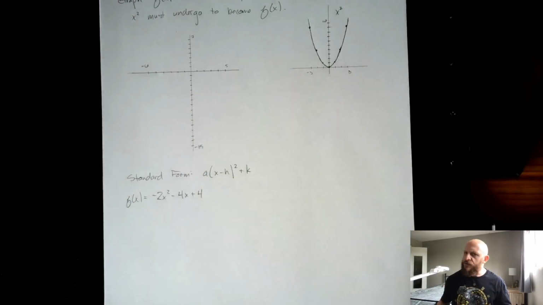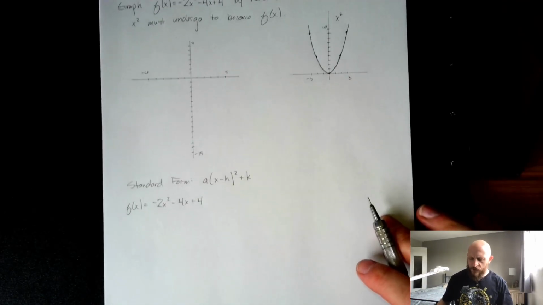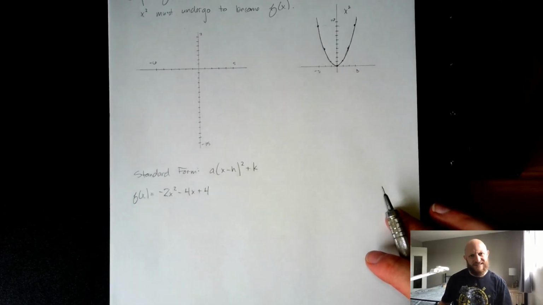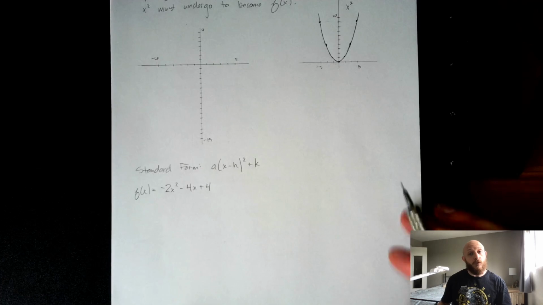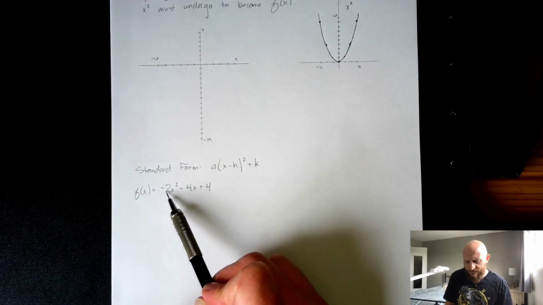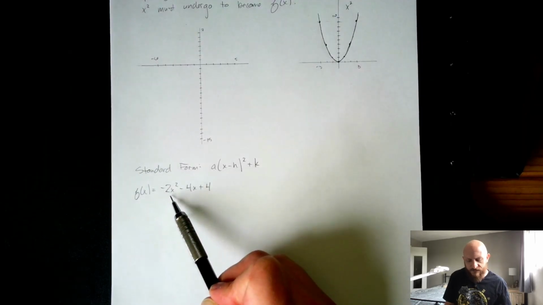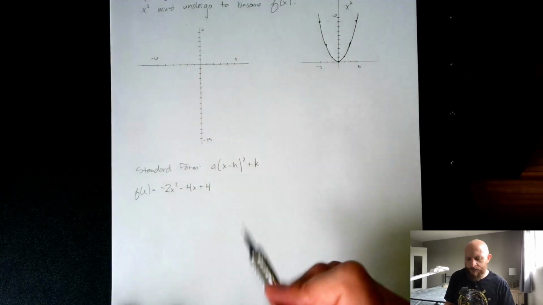I have another complete the square video, by the way, which if you're not familiar with completing the square, you might want to check out. But here's how I go about it. First of all, the very first thing we need before we can begin to complete the square is the coefficient on the squared term to be 1, meaning if a is not 1, which in this case it's not, it's negative 2, you need to divide through by a.